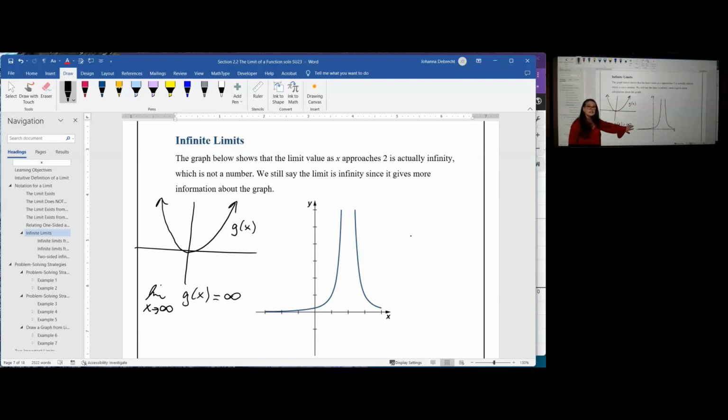We would call this an infinite limit because the limit value went to infinity, and we would call it a limit at infinity because x approached infinity. So this is an infinite limit at infinity. This is an infinite limit. It's not a limit at infinity because the x value is approaching 2.